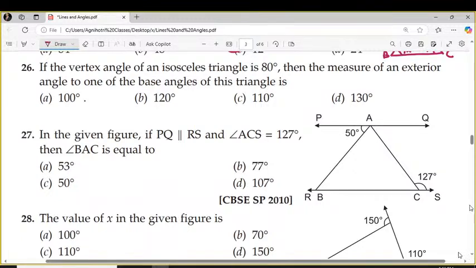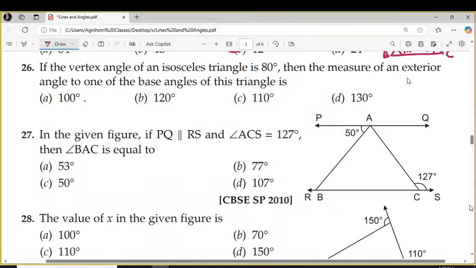Okay. So should the answer be A, 100 degrees? If the vertex angle of an isosceles triangle is 80.